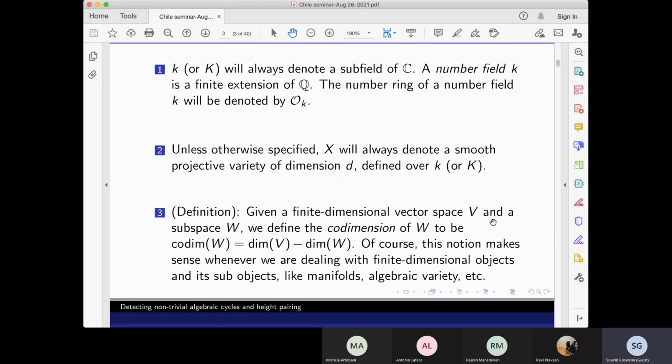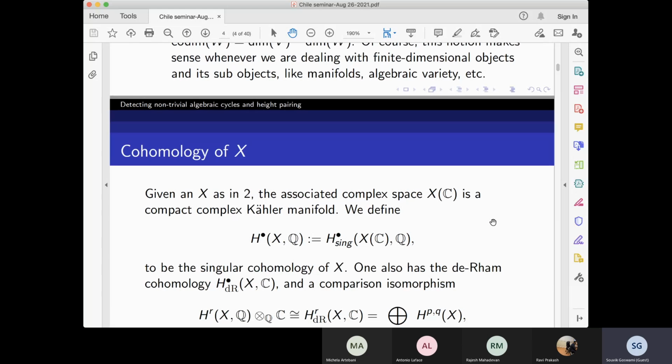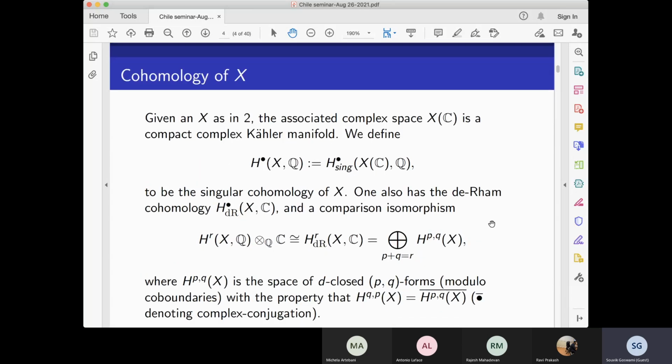First, there are two objects that will come into play here. Number one is the cohomology of a smooth projective variety. Associated to a smooth projective variety X, we have a complex space, which is a compact complex manifold.